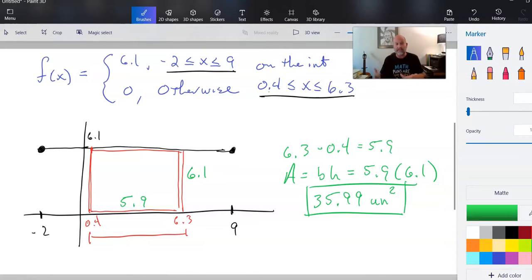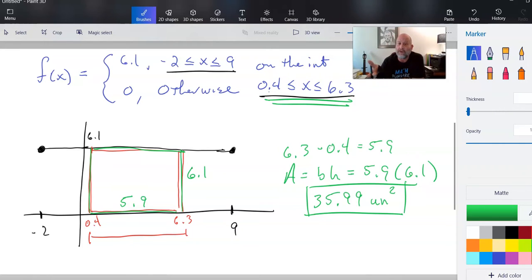Now, I just want to emphasize that these all are working from the same things. You start with your function, you graph the function, then you figure out what the restrictions are where you're finding your area, so you can carve out your rectangle. And then you use what you know about the function to figure out the base and the height, and then you multiply those two numbers, right?